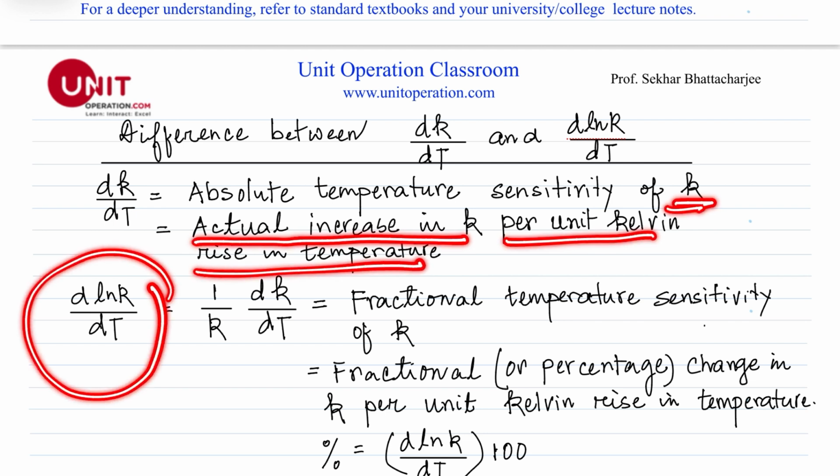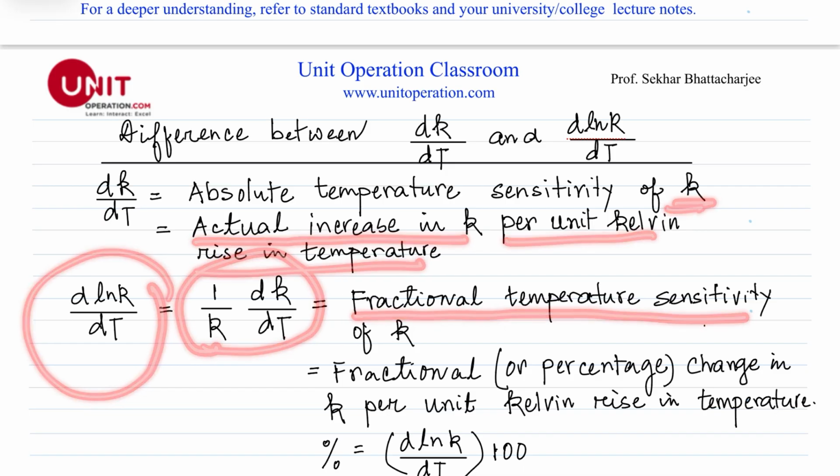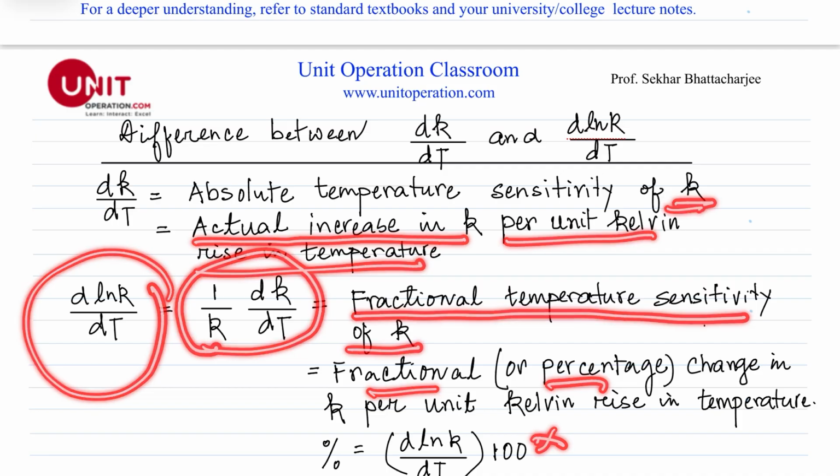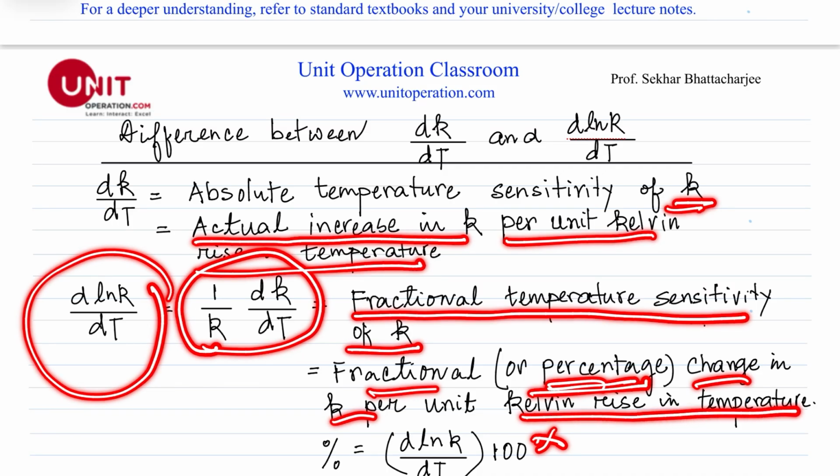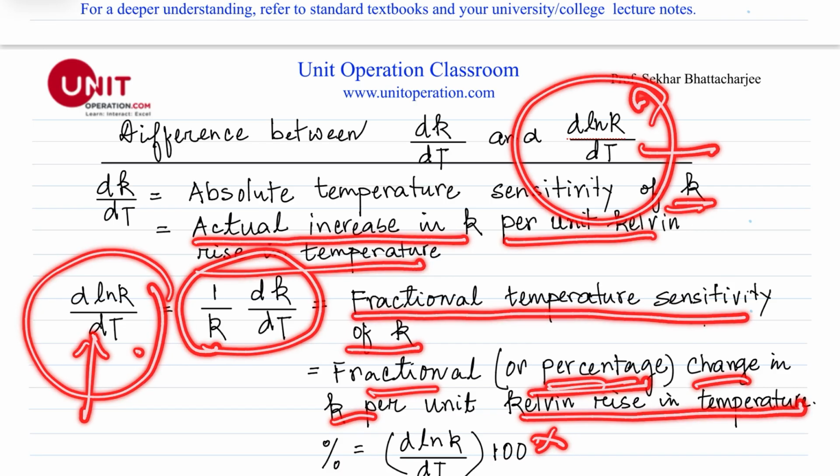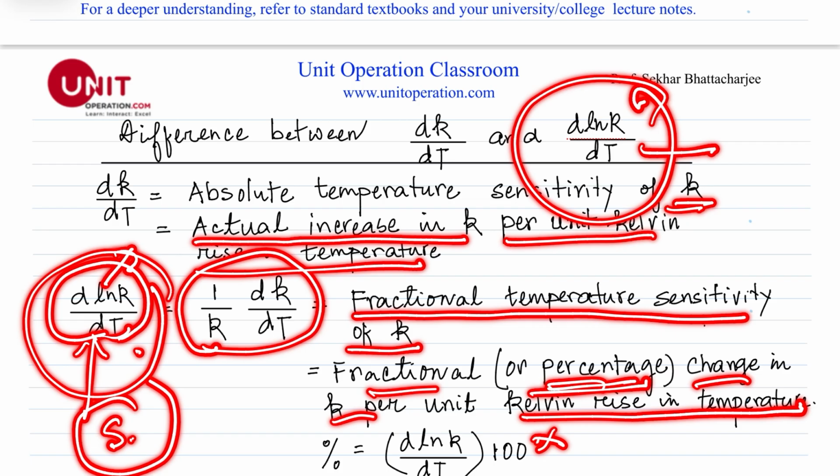Whereas when we take the natural log of k, this is the fractional temperature sensitivity of k. If you multiply this by 100, this can be expressed as a percentage change in K per unit Kelvin rise in temperature. So we are defining this temperature sensitivity based on the natural log of K.